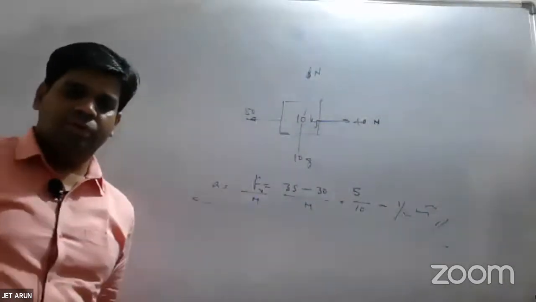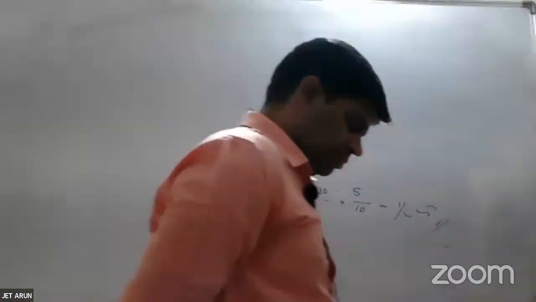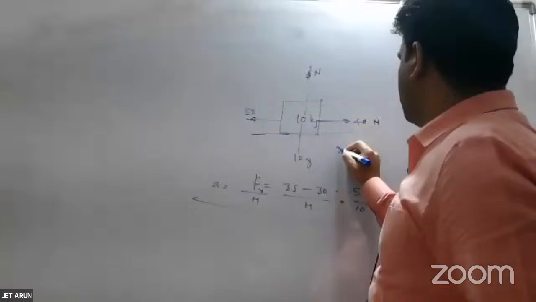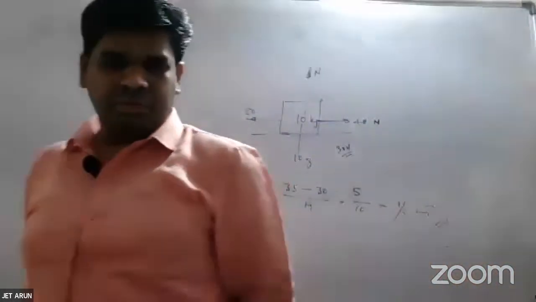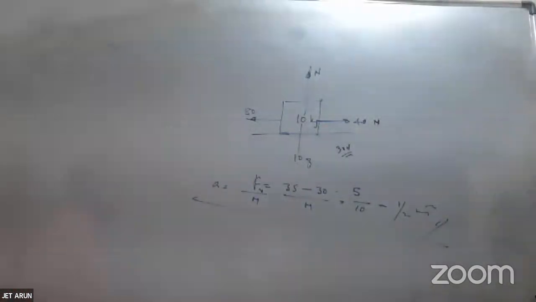Will the block move? Limiting value is only 30 Newton. Yes, sir. So friction is towards right, that's right. ఎంత ఉంటుంది ఫ్రిక్షన్ ఇప్పుడు? 30 ఉంటుంది, sir.